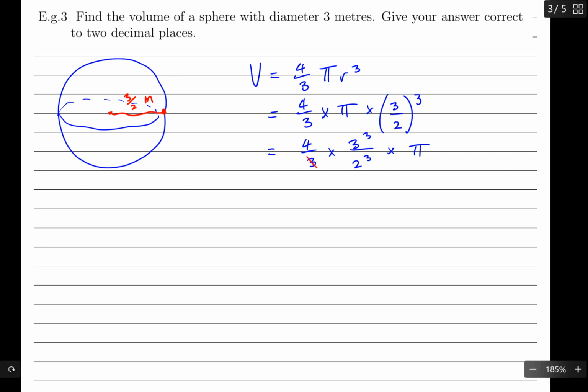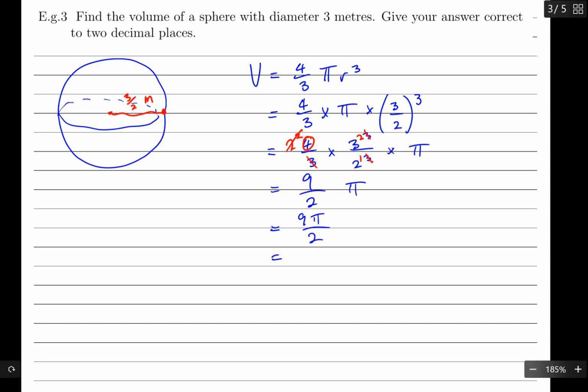I'll cancel out a 3, leaving 3 squared on the top. I might recognize that 4 is the same as 2 squared, so I'm going to cancel 2 squared with the 2 cubed, leaving 2 to the 1 down the bottom. So when the dust settles on that, I've got 9 over 2 pi, and another way of writing that is 9 pi over 2.